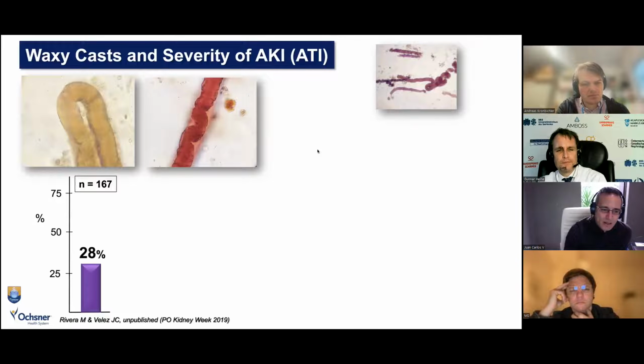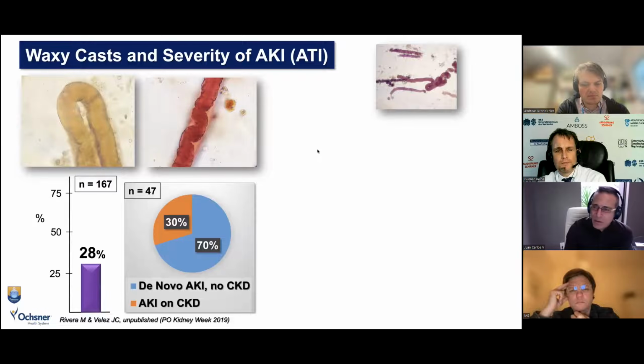In our center, we looked at a subset of our cohort of 167 patients, where 28% of them had waxy casts. One of the important observations personally was that most of the books that I had read at that time said that waxy casts were an indication of chronic injury to the kidneys, consistent with advanced CKD, etc. What we found is 70% of the patients in this series did not have any evidence of chronic kidney disease.